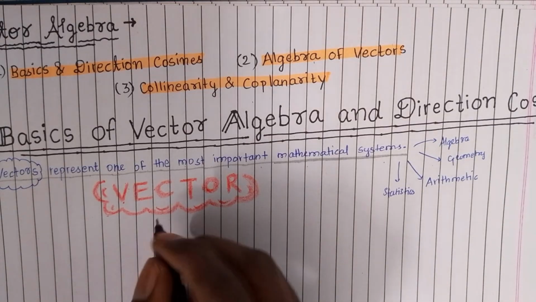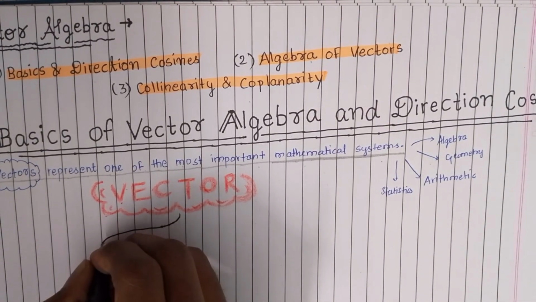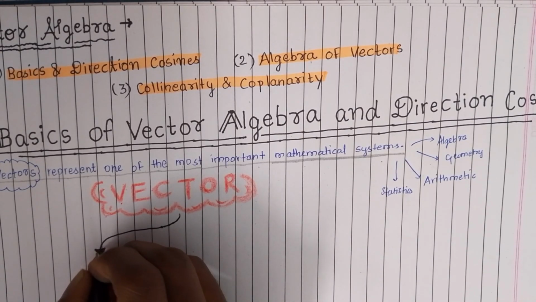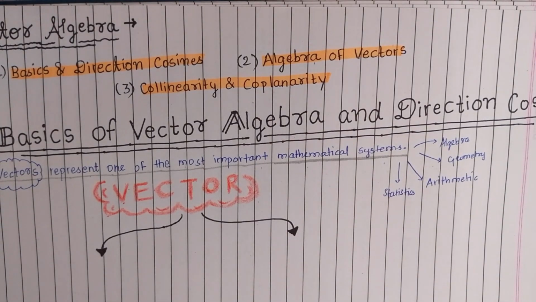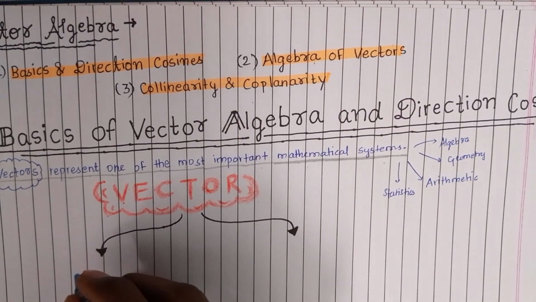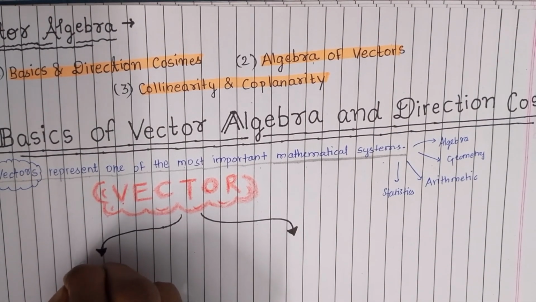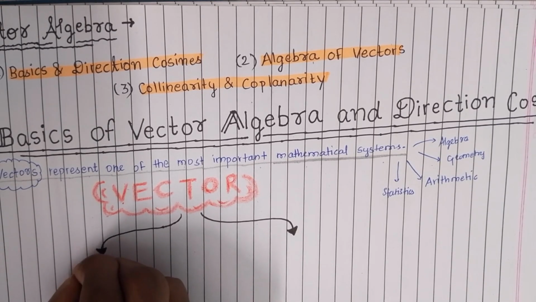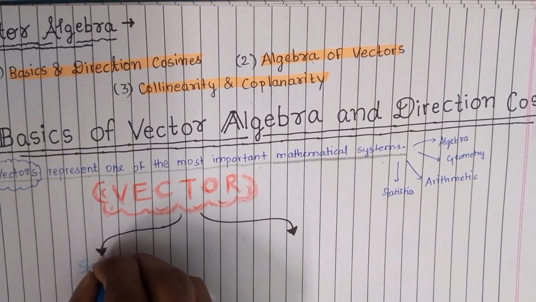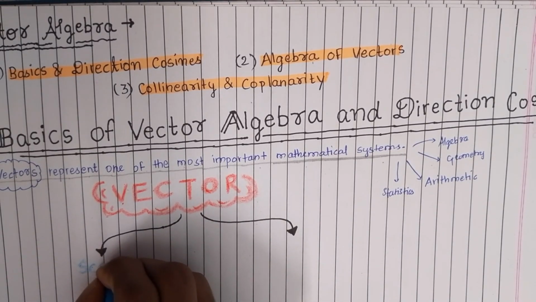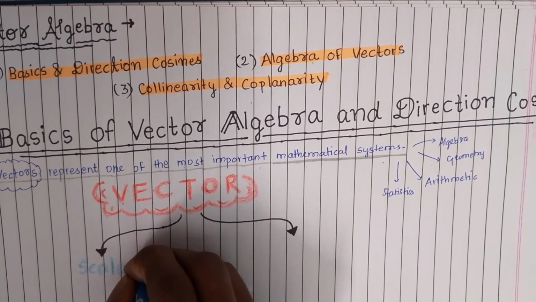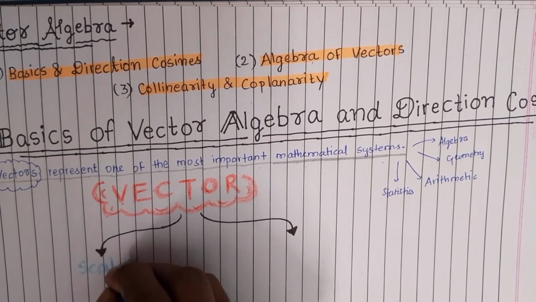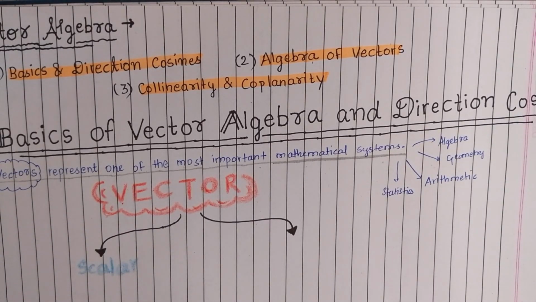They can be classified into two categories. What are those categories? First is scalar quantity, and second is vector quantity.